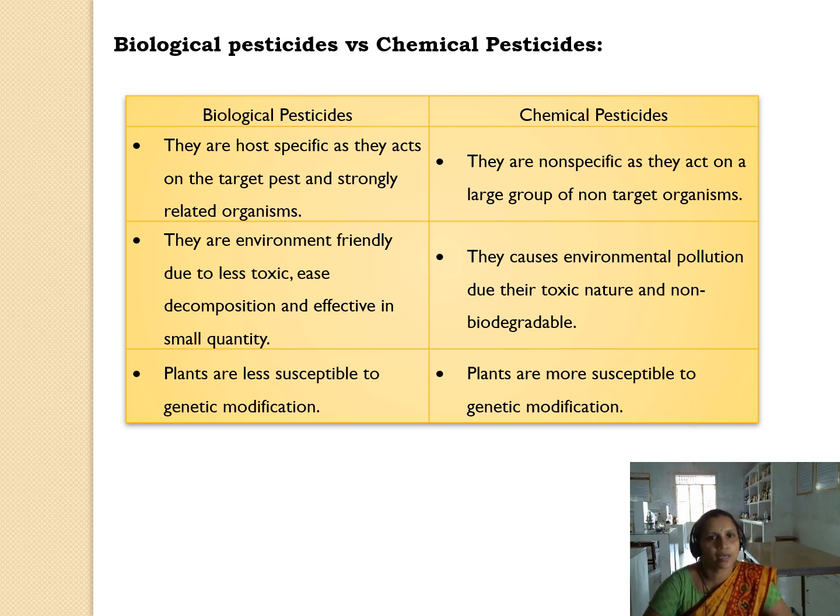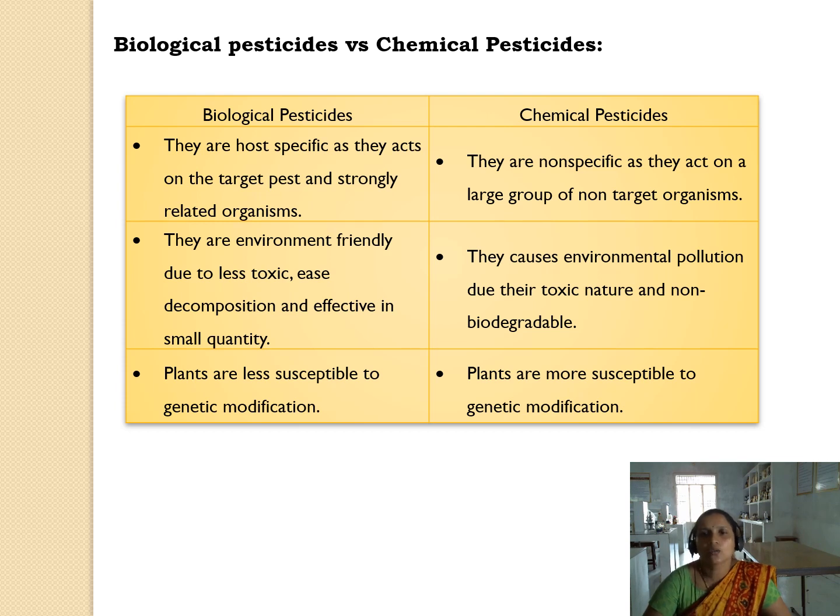Here we are going to compare these two parameters. Biological pesticides are very host specific, as they act on the target pests and strongly related organisms, whereas chemical pesticides are non-specific and act on a large group of non-target organisms as well. Biological pesticides are eco-friendly, very less toxic, easily decomposed, and very effective in small quantity.